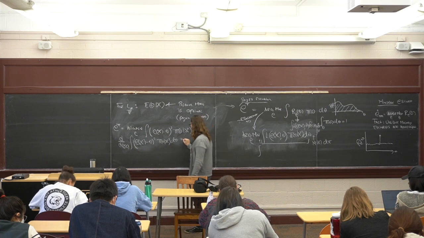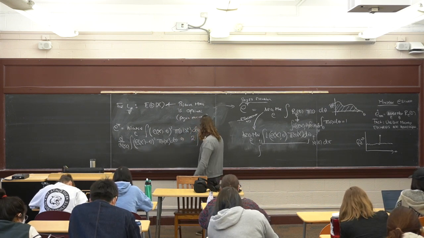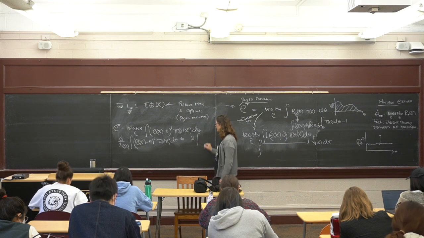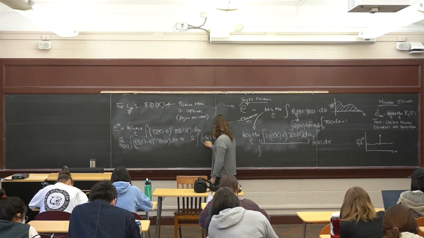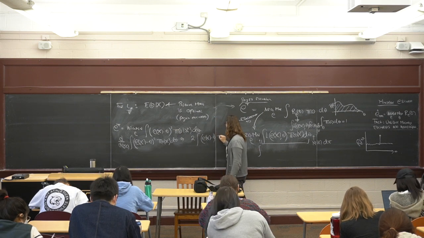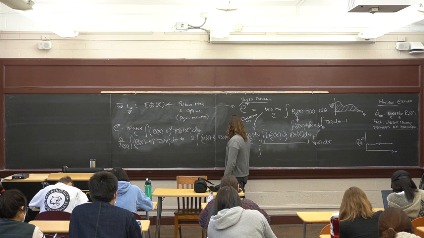And so this is going to be 2. I'll just factorize out my 2 times the estimator minus theta, times pi of theta given x, d theta.